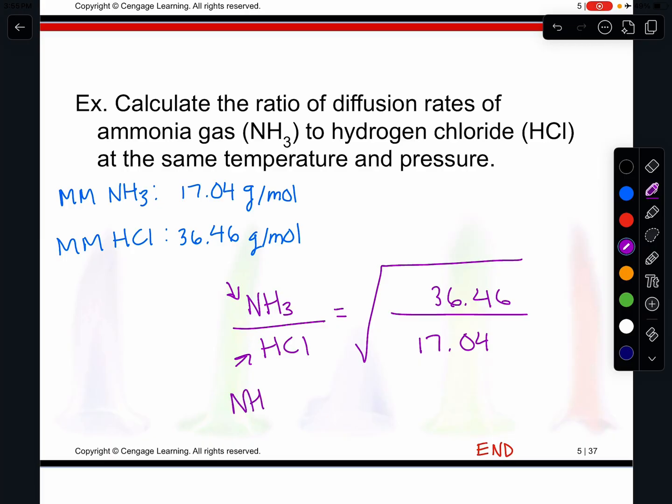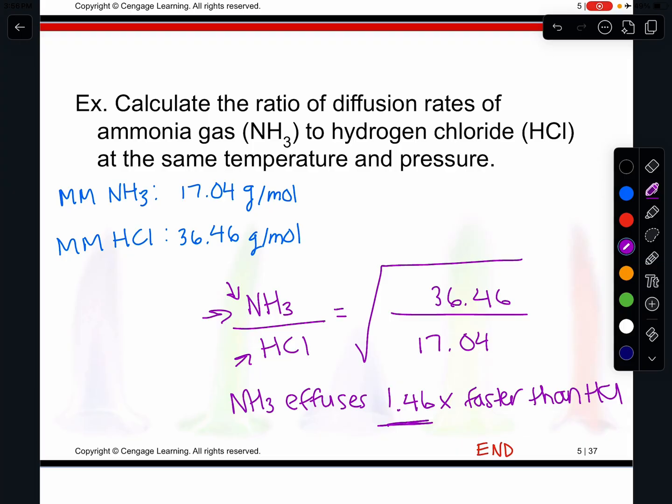So the relationship then is NH3 effuses 1.46 times faster than HCl. If the number's above a 1, then that means it's traveling faster, of course. So this is traveling about 1.5 times faster than the HCl.